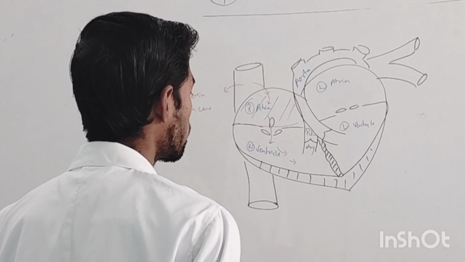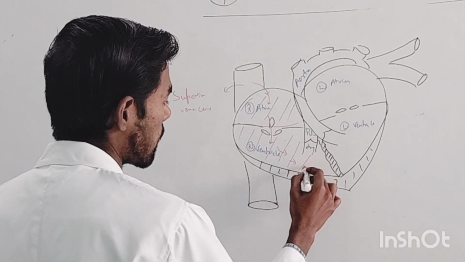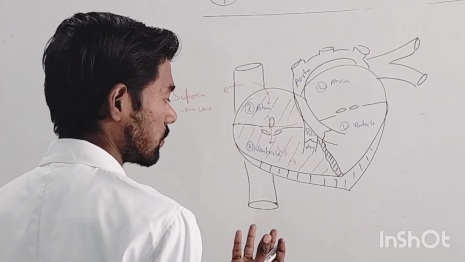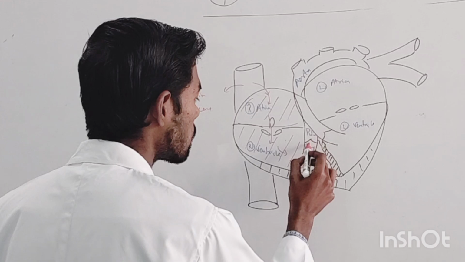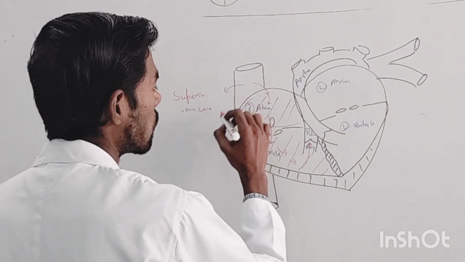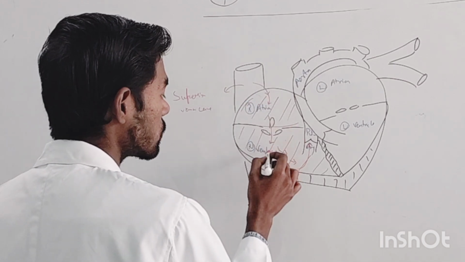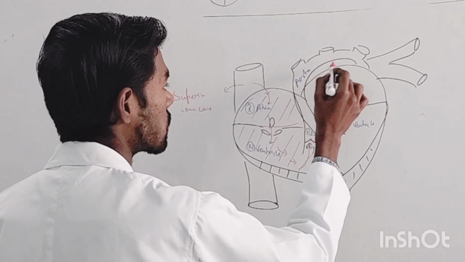The blood comes in the ventricle and starts filling it. Once the ventricle is fully filled by the blood, it forces the pulmonary artery. Means the blood first comes in the right atria, then goes in the right ventricle, then goes into the pulmonary artery.